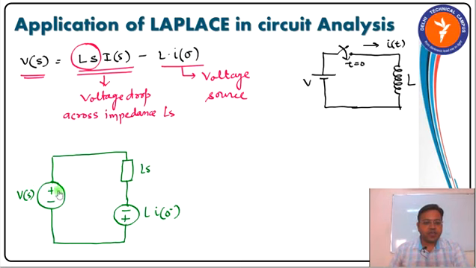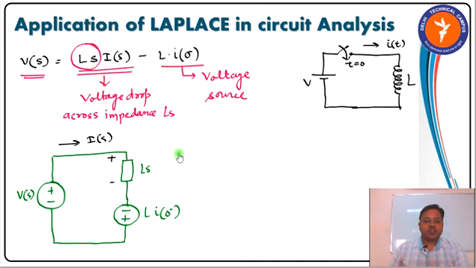Say we have this voltage which is causing a current Is to flow into it. When a current Is flows, there will be a voltage drop, plus and minus like this. Now if I apply KVL, then this voltage should be equal to this plus this. But I need a minus sign here, and this minus sign can only appear if we have a minus sign here. That is why the polarity of this voltage is shown like this.